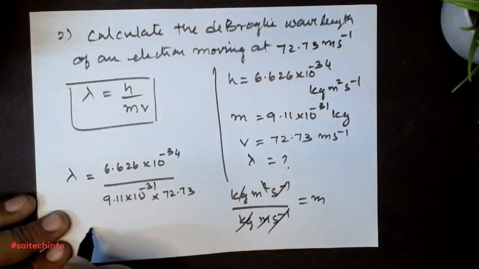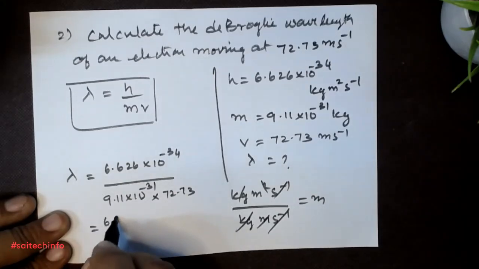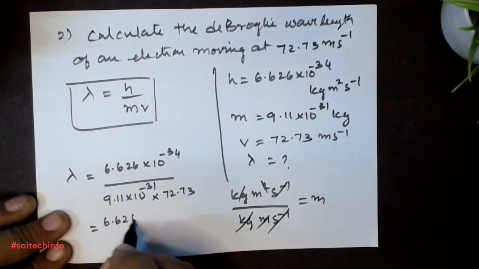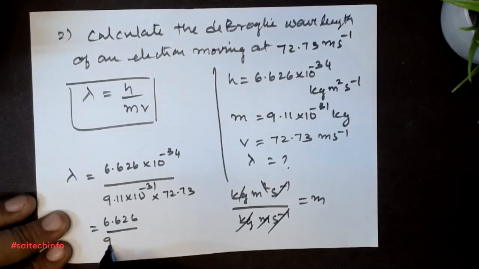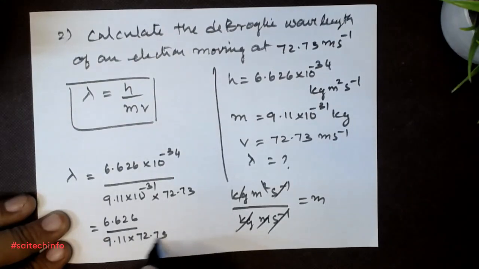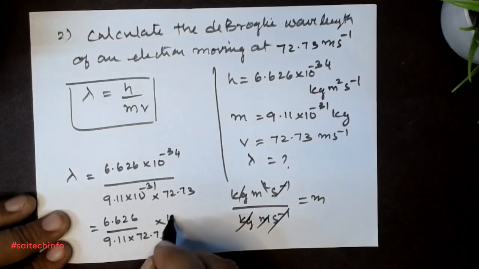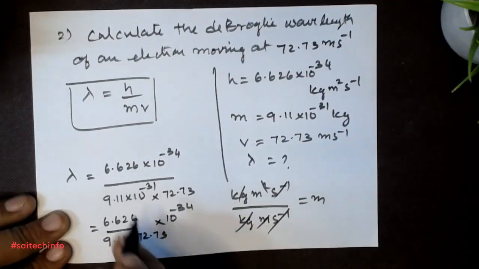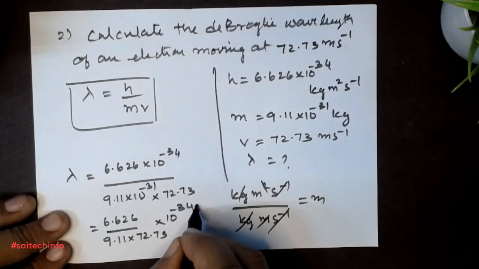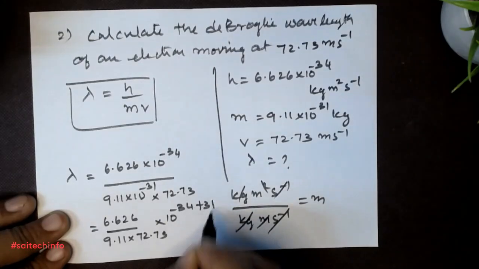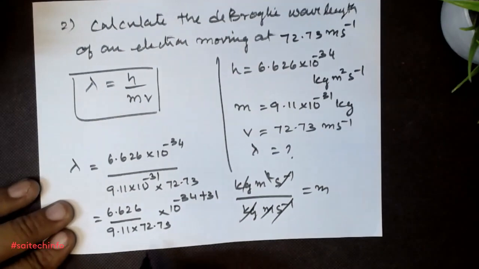And here that is 6.626 divided by 9.11 into 72.73, into 10 power minus 34, and this becomes plus 31, is it not? So you get minus 3, is it not?